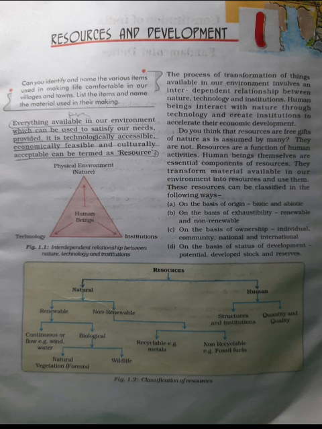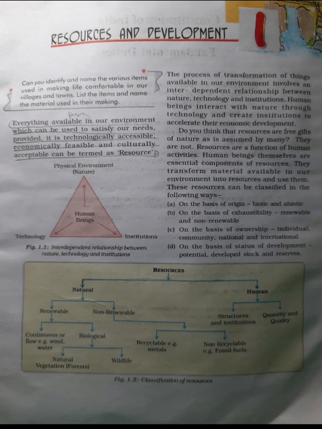Do you think that resources are free gifts of nature as is assumed by many? They are not. Resources are a function of human activities. Human beings themselves are essential components of resources. They transform material available in our environment into resources and use them. So, human beings in themselves are also resources.